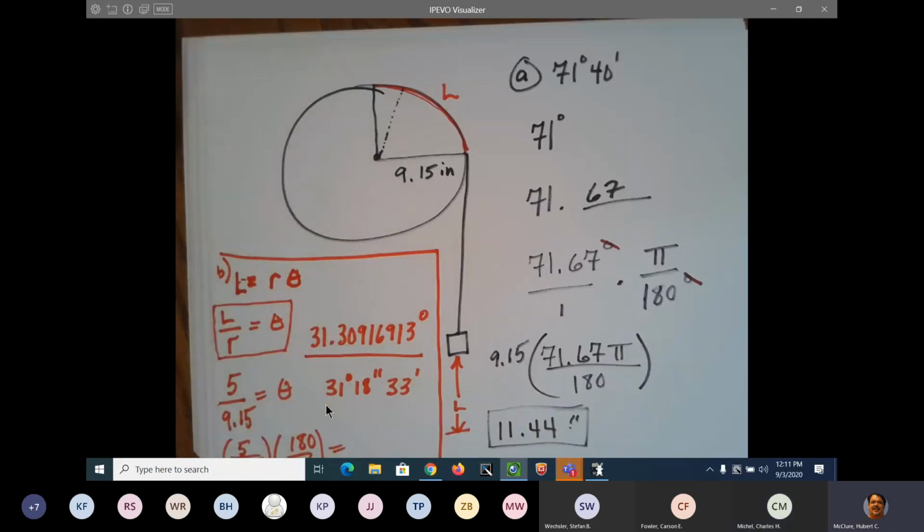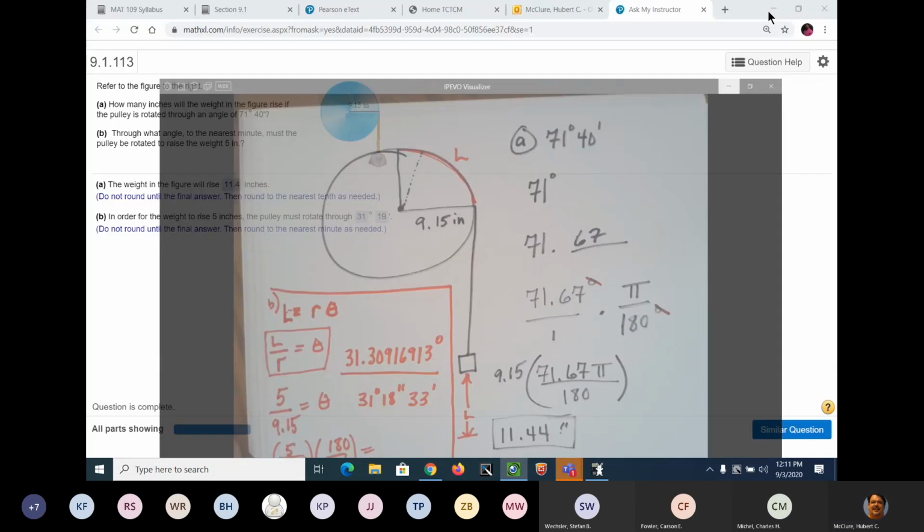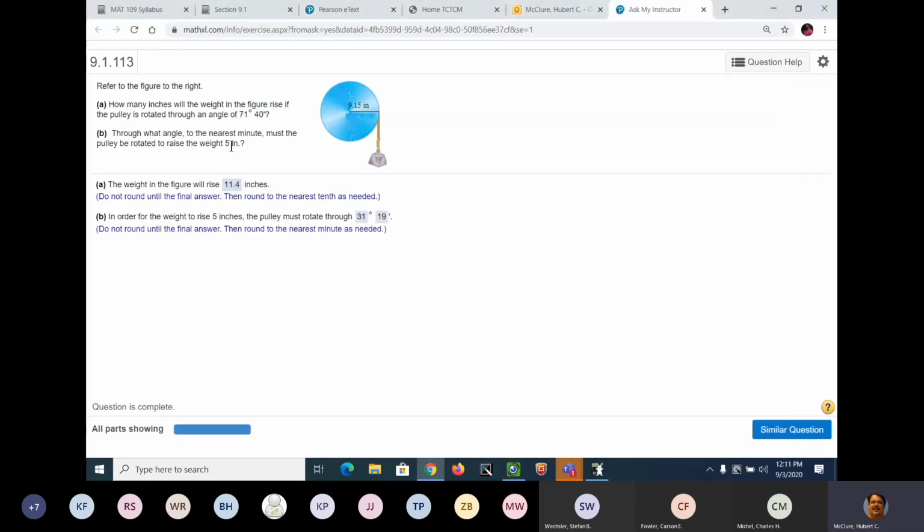Because in the original problem, right here, 5 inches. It says to the nearest minute, how much must the pulley be rotated to raise the weight 5 inches.